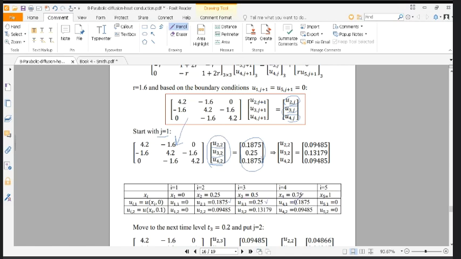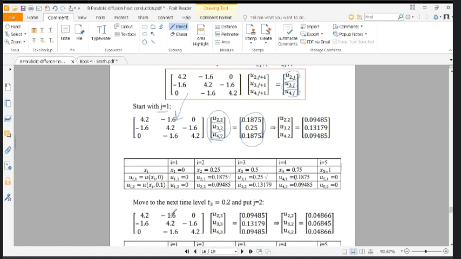It is a system of linear equations, and you should solve this system. You can compute the values of u at the interior points for the next time level, meaning at t equals 0.1.